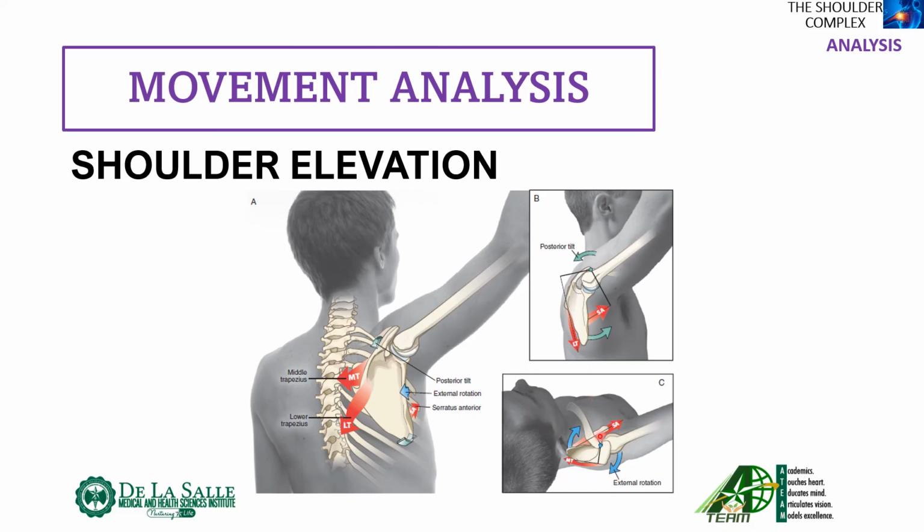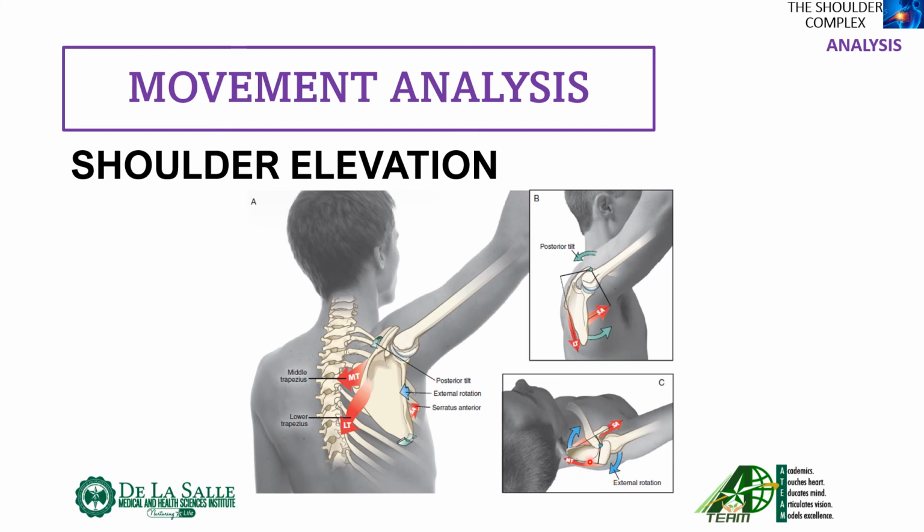Specifically, the serratus anterior pulls the scapula anteriorly and laterally. So this is the linear direction, while the medial trapezius pulls the scapula medially. So this is the linear direction, and the combination of those linear directed forces will now cause the rotatory movement of external rotation of the scapula in the acromioclavicular joint.